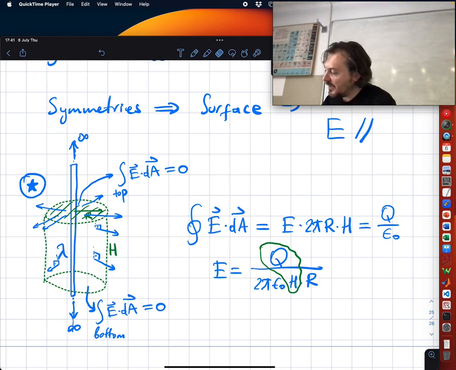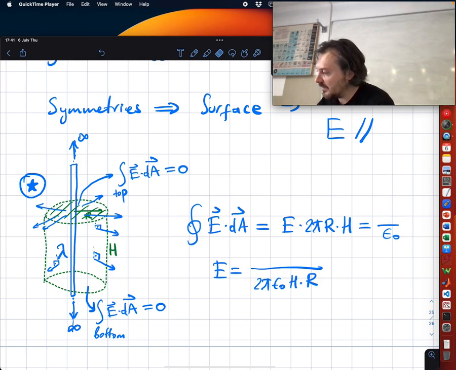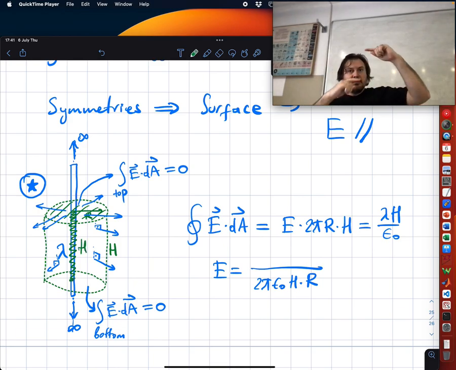Yes, I actually shouldn't be saying q. I should already be saying lambda times h here, because that's the amount of charge that is enclosed. Do you see? This is h. I'm enclosing only that portion of the wire, right? So that portion has a charge of lambda times h, right?